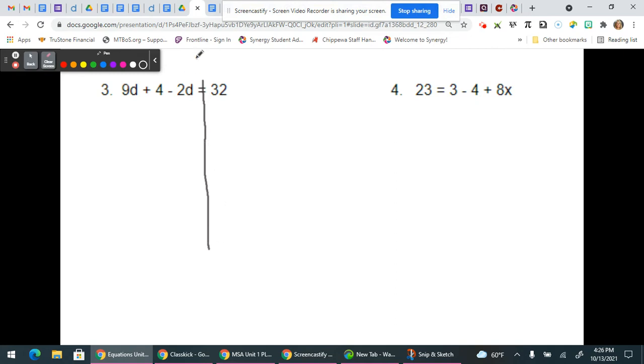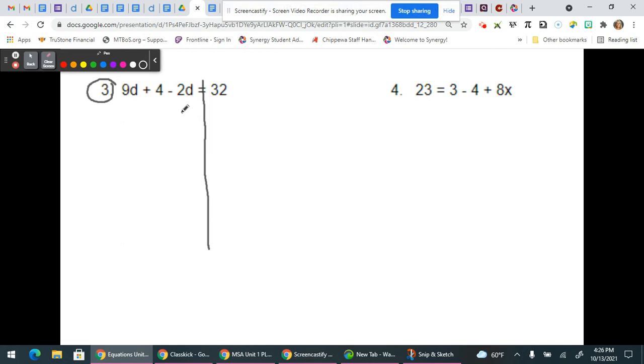Now, we've got some work to do because I want you to notice that this is number 3, by the way. On number 3, I've got 9d plus 4 minus 2d equals 32. Before I start my steps with solving, I need to combine some like terms. I want to simplify.